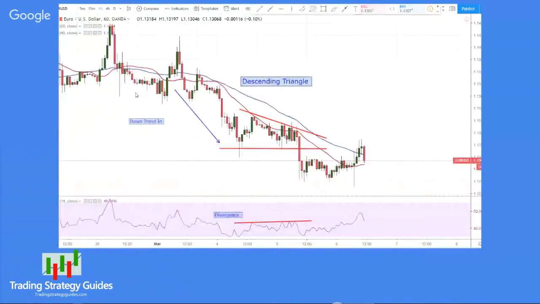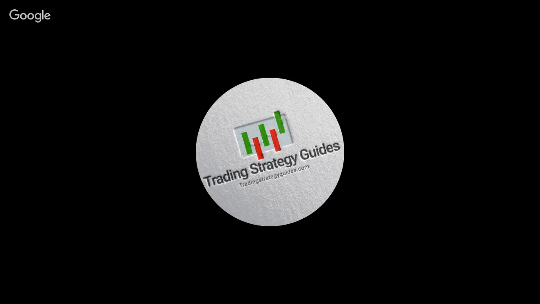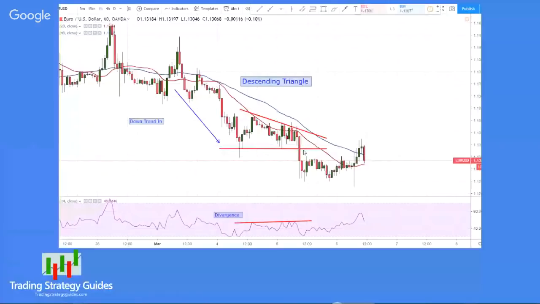I'm going to show you a few examples that I picked out earlier today, so you can see them on the charts exactly where I found them. The first one is this USD hourly chart. This is actually four hours ago. Nice trend in, support level, lower highs.